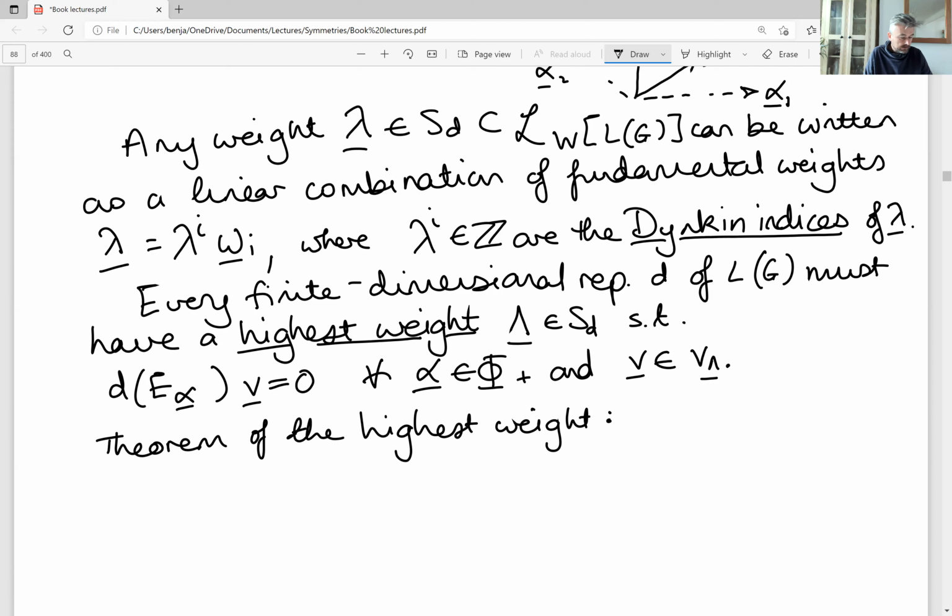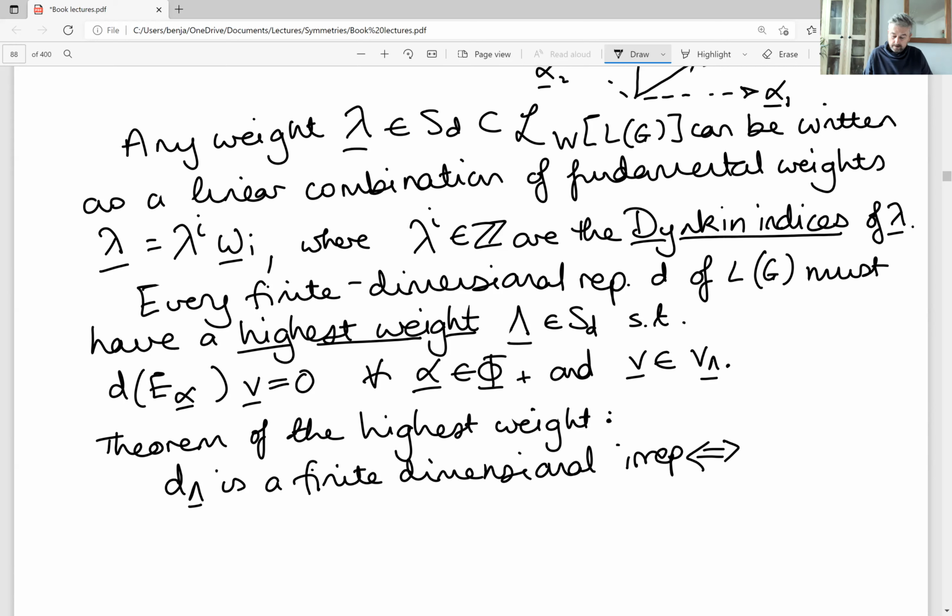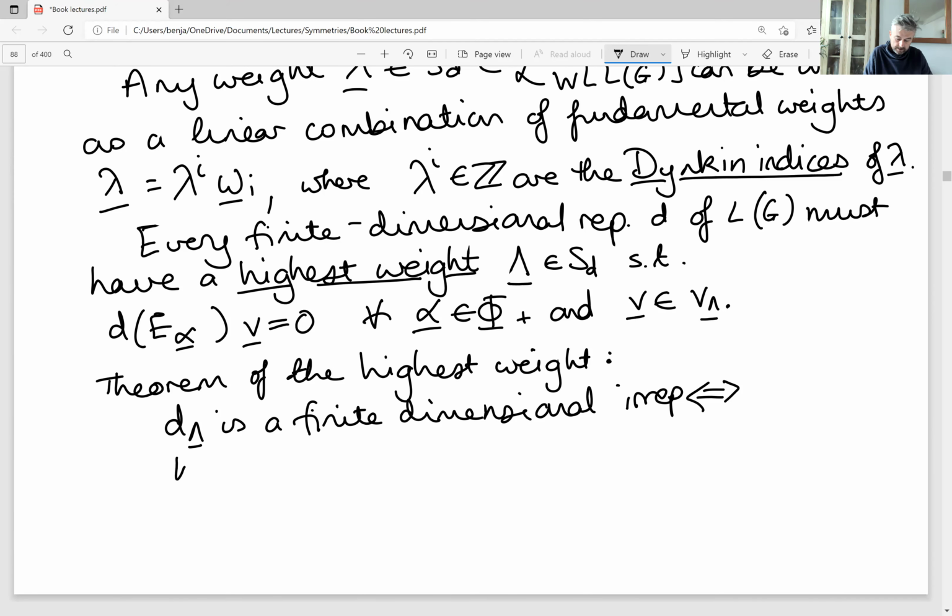One of the things it states is that d lambda is a finite dimensional irreducible representation if and only if the highest weight lambda exists, is unique, and has multiplicity 1.